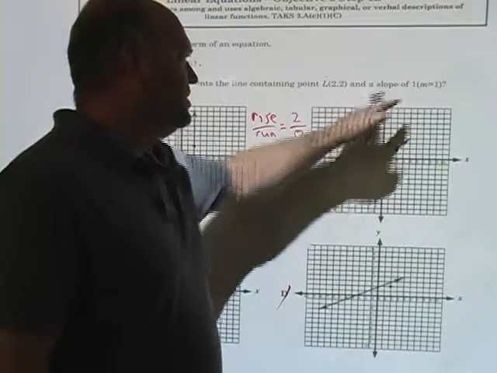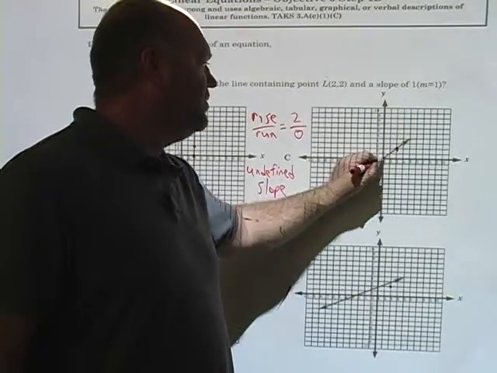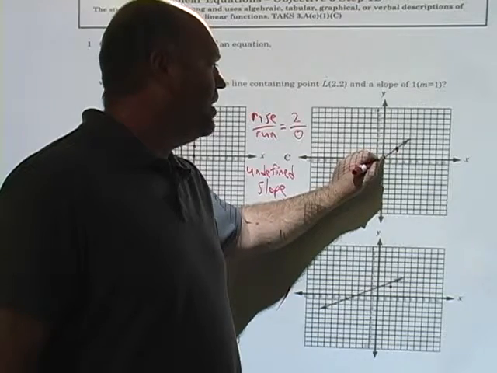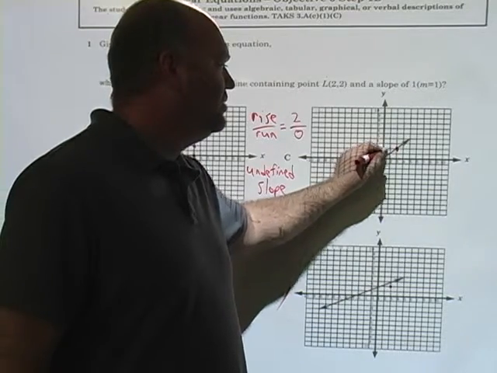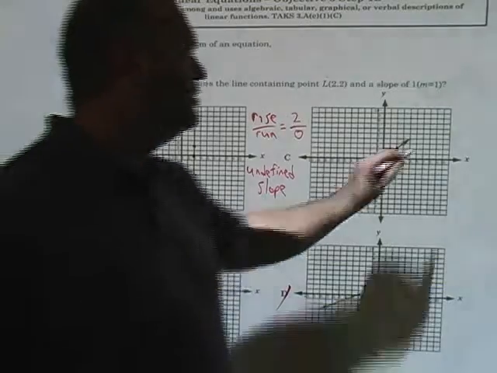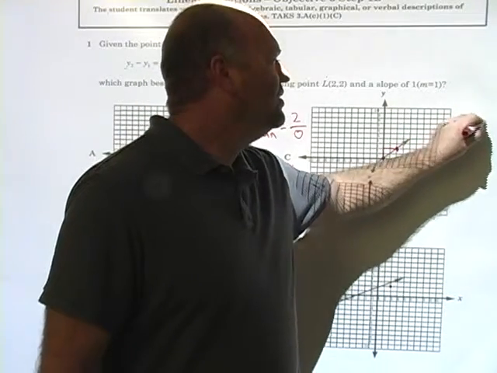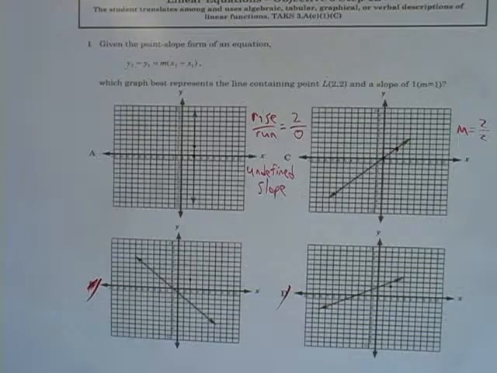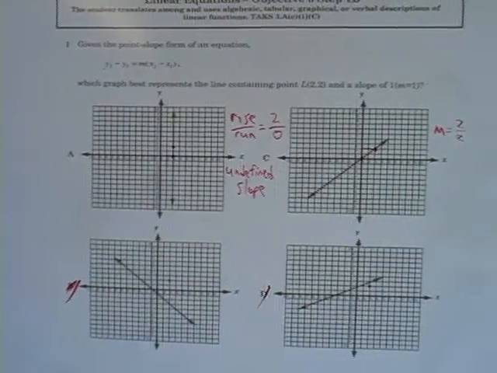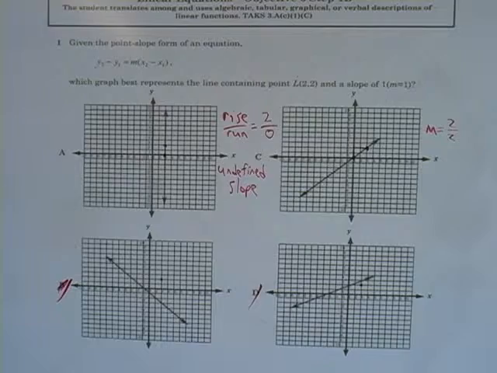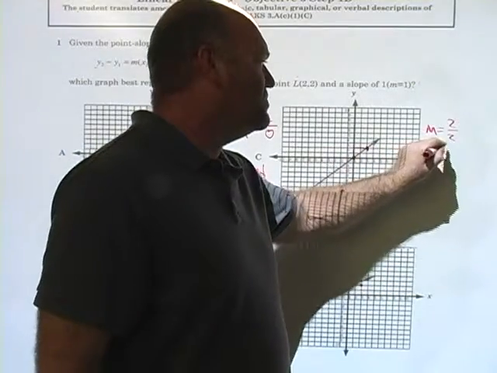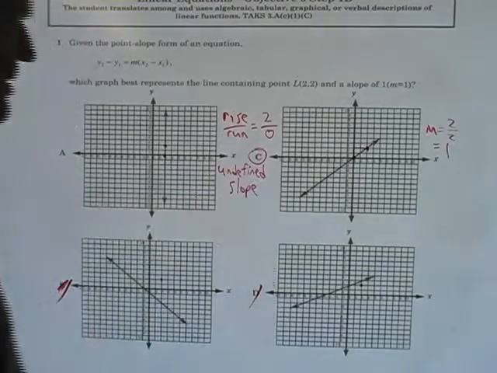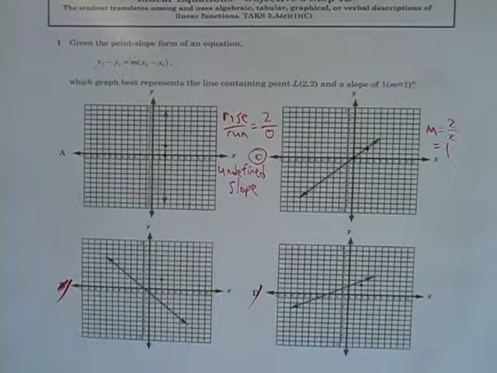This one, you go from here to here, you're going to go up 2, over 2. So the slope is 2 over 2, and that equals 1. So the answer is C.